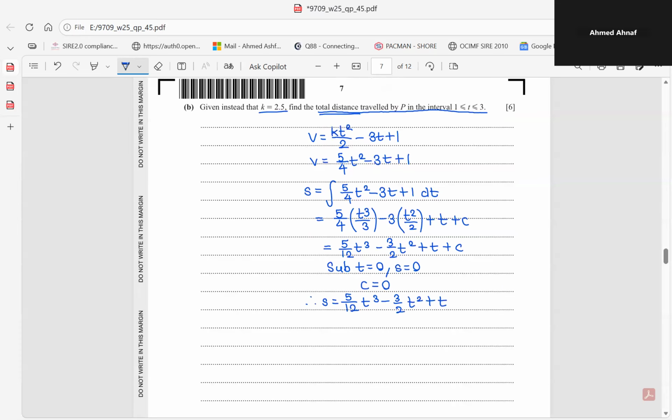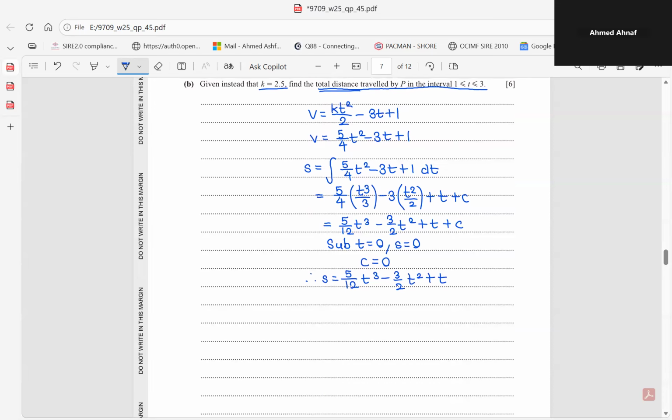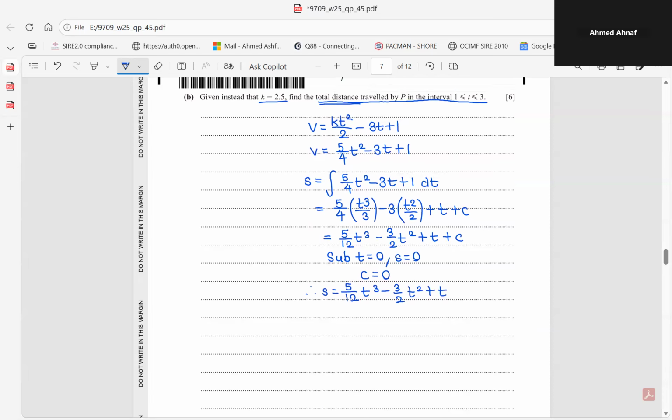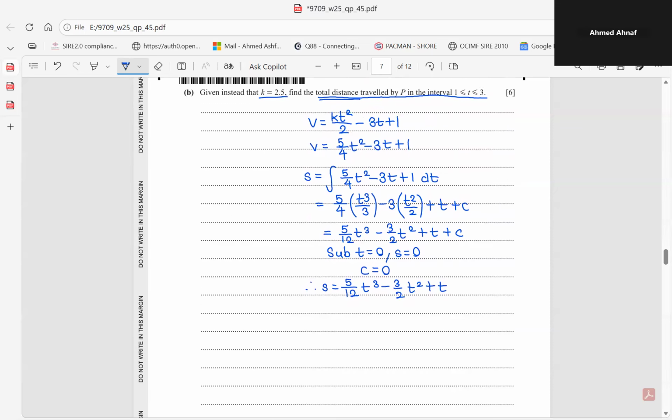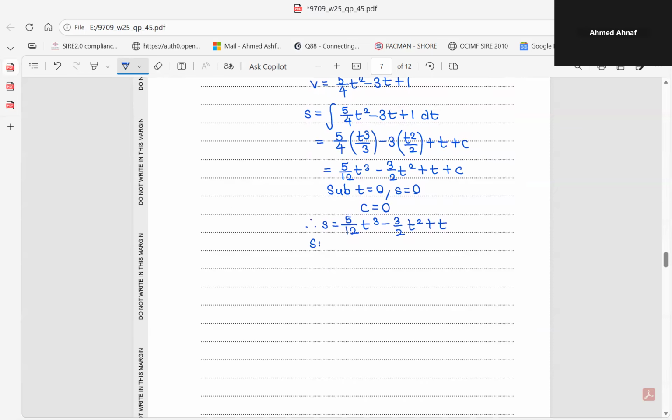And now we can just substitute t equals 1 and t equals 3. So this would be 5 over 12 minus 3 over 2 plus 1.